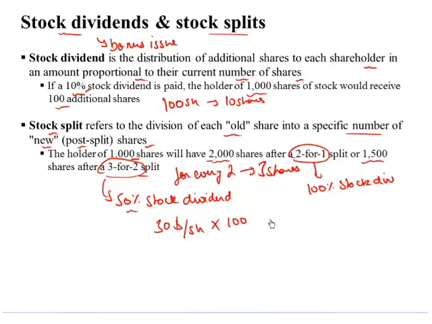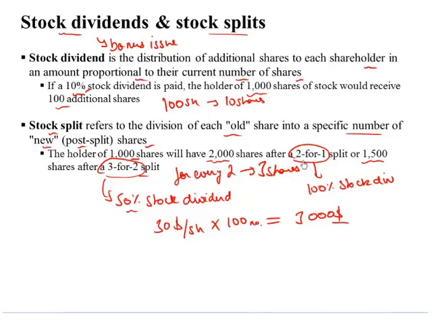So what would be the value of my company at the moment? It would be the stock price per share multiplied by the number of shares. That is how much I have to pay to buy out the company. It is also called market cap, as we will study. So the total worth of my shares at the moment is $3,000.